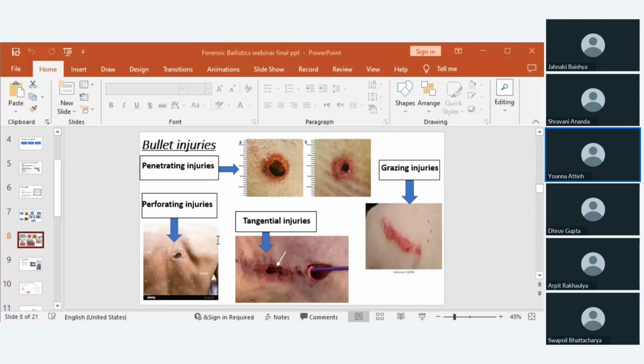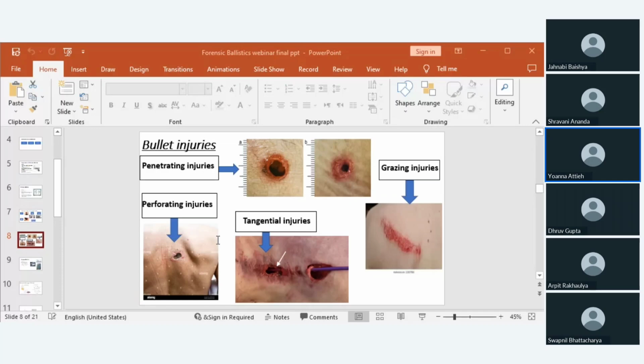When talking about penetrating injuries, in such a case, the projectile enters the body but does not exit. Basically, the projectile enters the body, penetrates the body, but it sticks inside the body. It does not exit. These injuries may cause significant internal damage depending on the projectile's design and velocity.